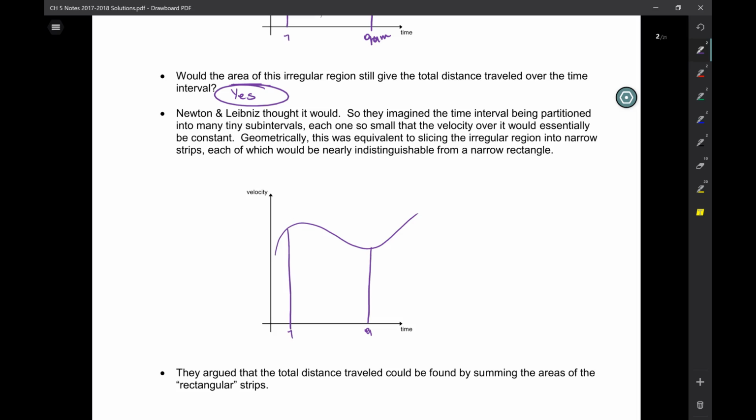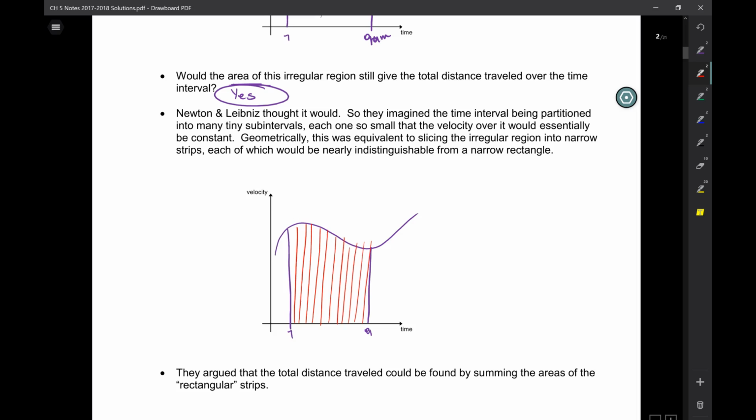They said, what if I could divide that region not into a rectangle, but many rectangles, like this.